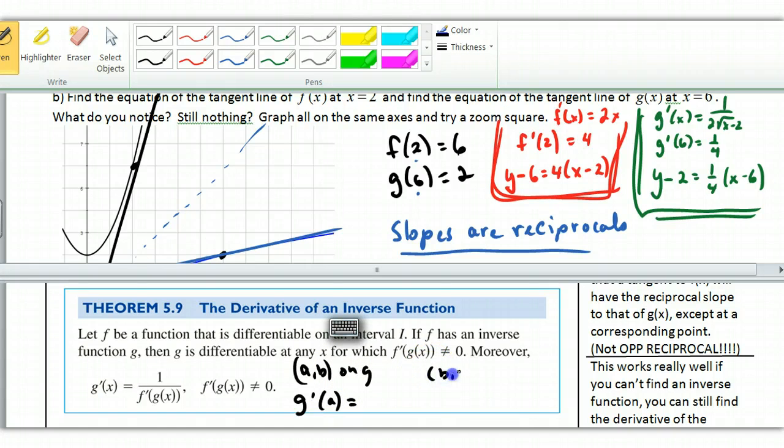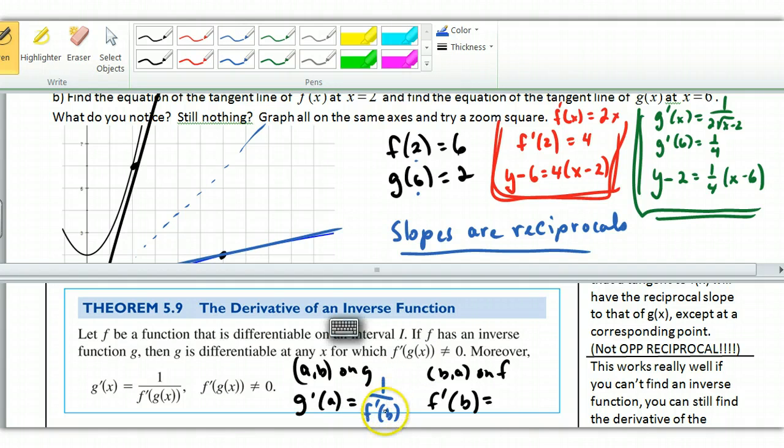I know that (b, a) is on f then. And if I know what f prime of b is, f prime of b is going to be one value and g prime of a is going to be another value. What's true about these two? Well, they're going to be reciprocals. So if I'm finding what g prime of a actually is, well, that's going to be 1 over f prime of b.